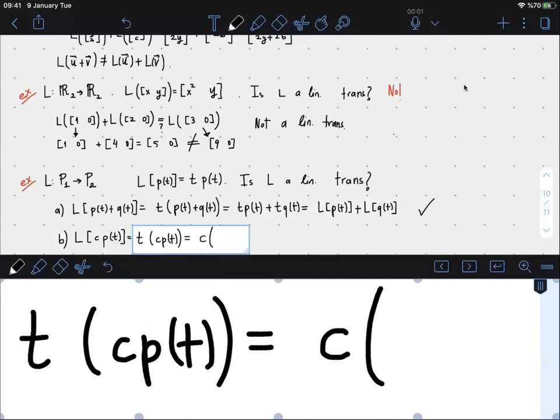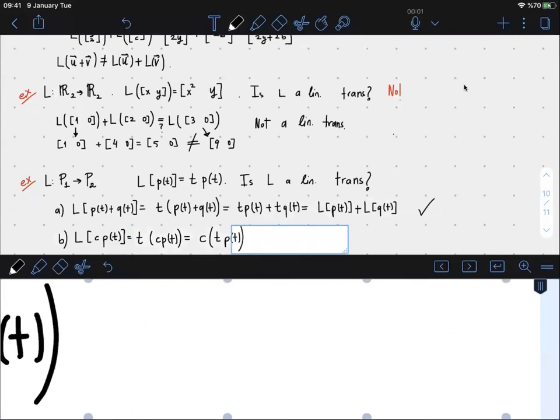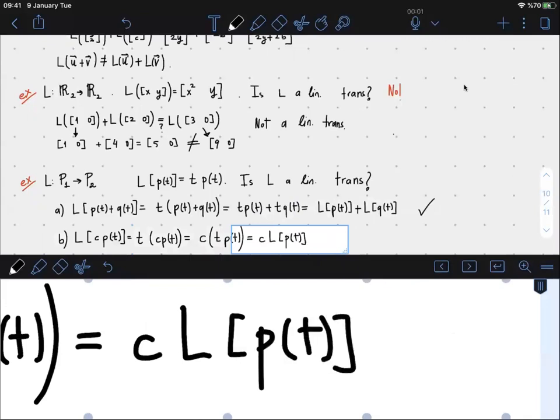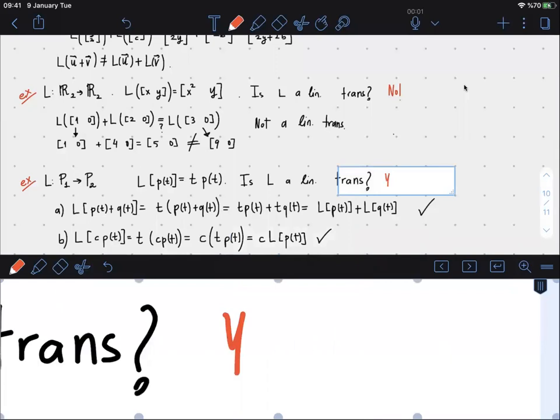And I can write this as c times t p(t). But t p(t) is really L of p(t). So the second condition also holds. So both conditions are holding here, which means this is a linear transformation. So the answer is yes.